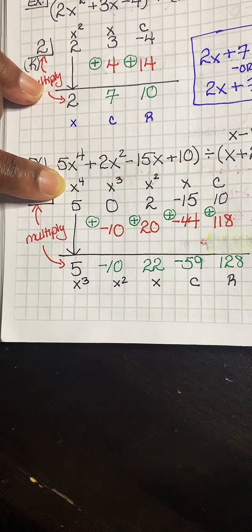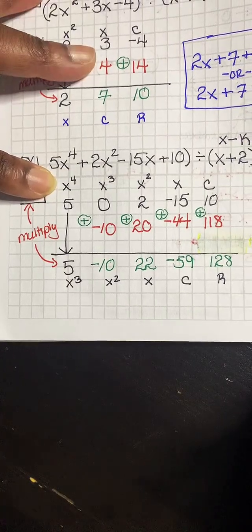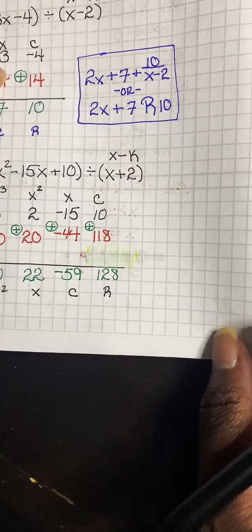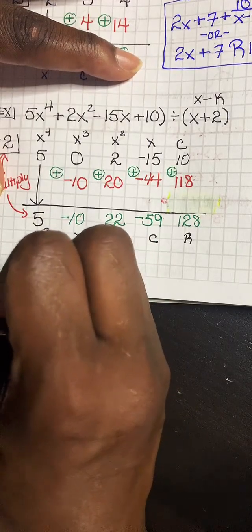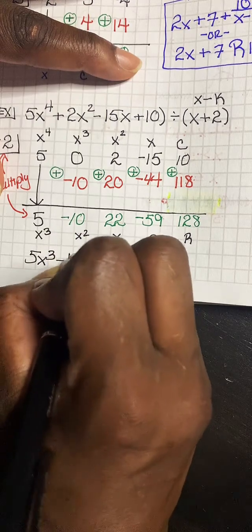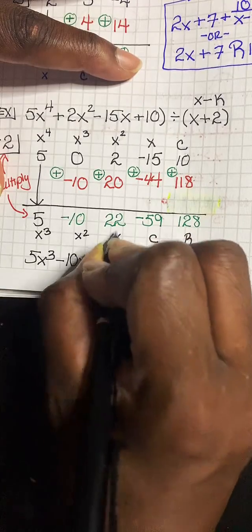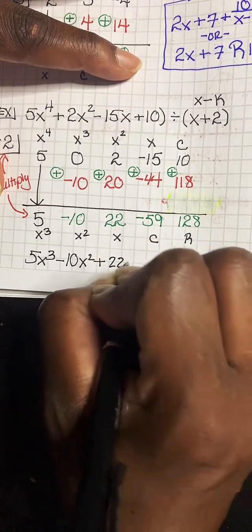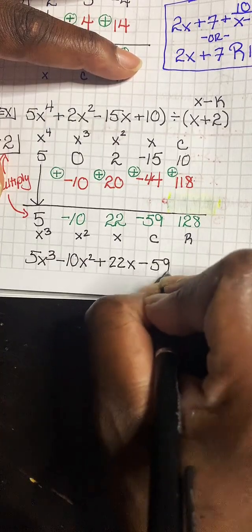All right? There you go, Kaden. Awesome. So then I'm going to officially write it over here. Or actually, I can write it down here. I'll write it wherever I want to write it. So I got my 5x cubed minus 10x squared plus, since it's positive, 22x minus 59.